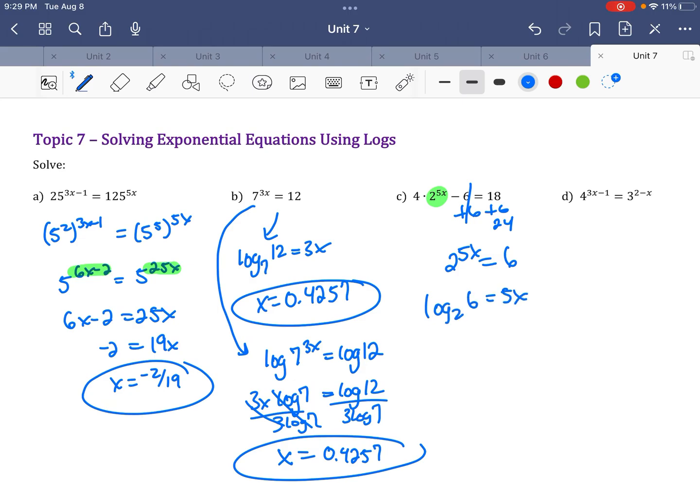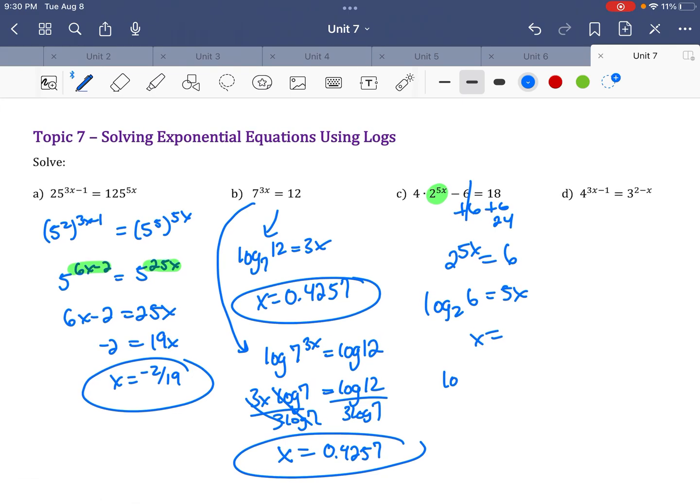You either write it as log base 2 of 6 equals 5x, and then solve for x by dividing by 5, or you take the log of both sides, and then you have 5x log of 2 equals log of 6, and x equals log of 6 over 5 log of 2.